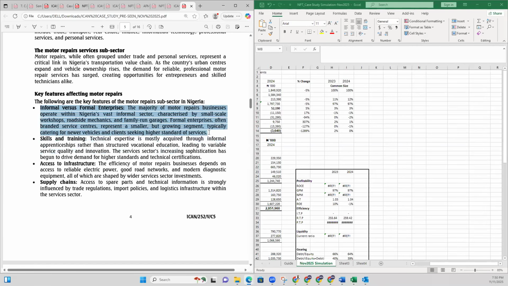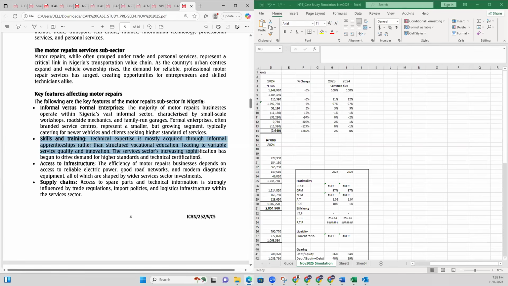It doesn't mean that we don't have the standard ones. We've got the repair centers with some of the big automobile companies, especially in Lagos and many other states as well, right? The other feature they spoke about is skills and training.